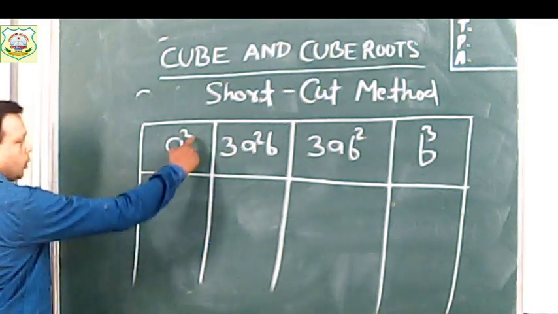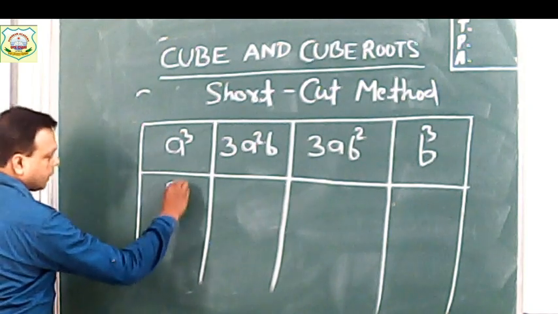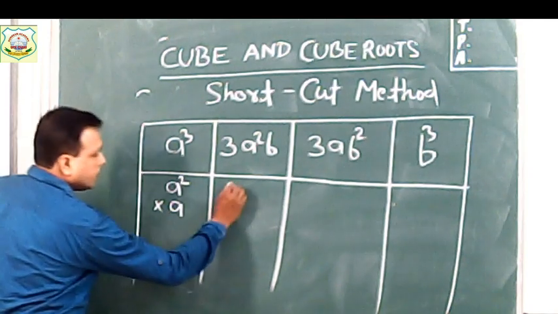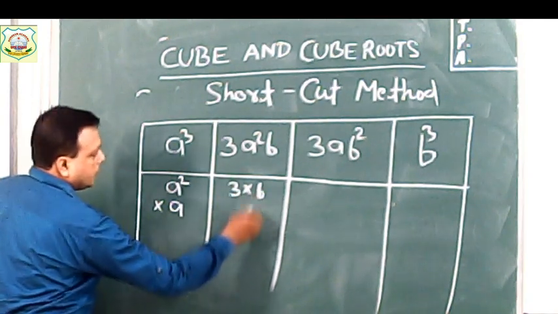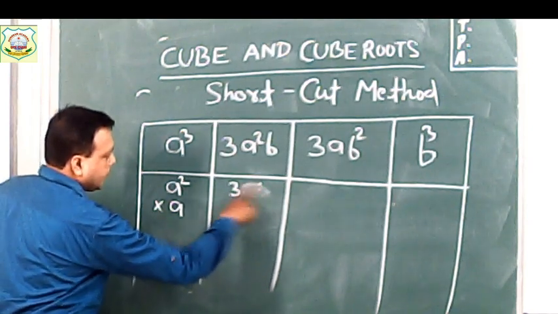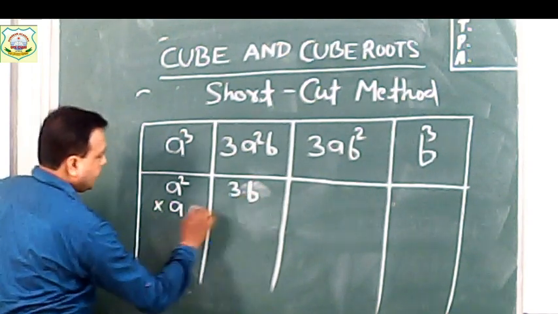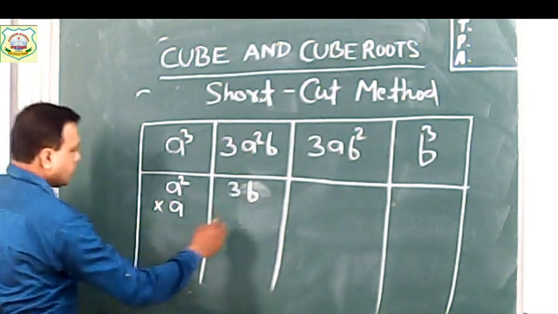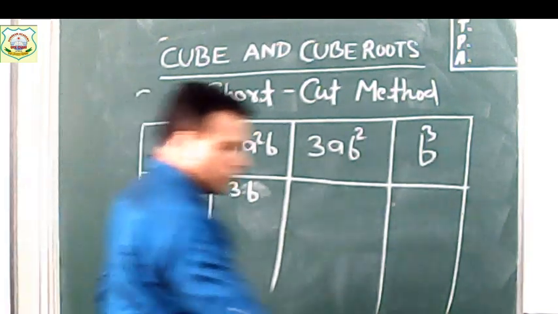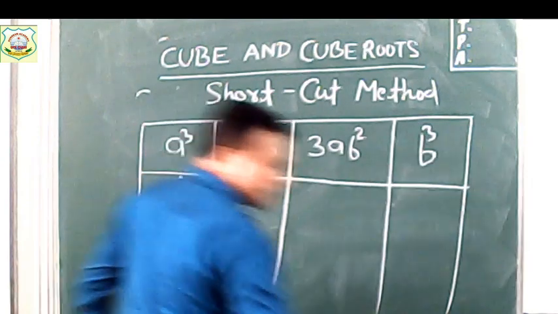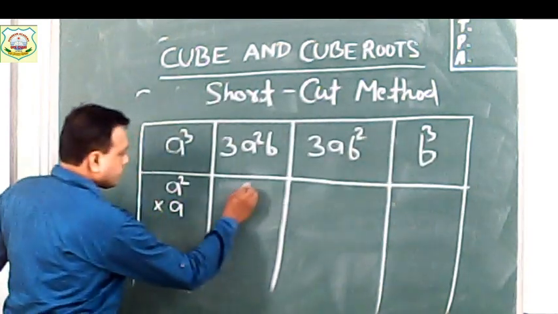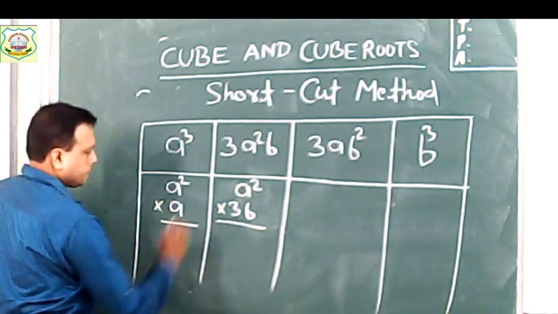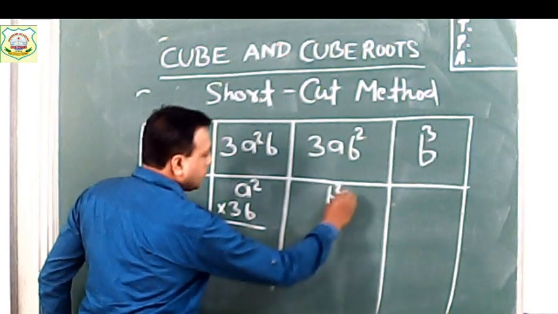A cube, so we can write this way: a square multiply a. This way we can write 3 into b, or we can write 3b. 3b multiply a square is here, so we write a square. And 3 b square, then 3.